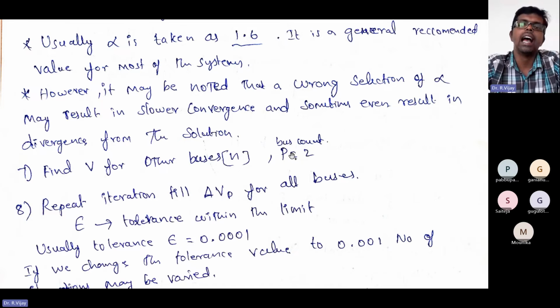Similarly, you need to calculate the voltage and change in voltage for the second bus. So repeat the iteration to get V_P and del V_P for all the buses. Say, for example, the bus count is P equal to 3. You need to calculate up to V3 and del V3, so 3 buses you need to calculate.